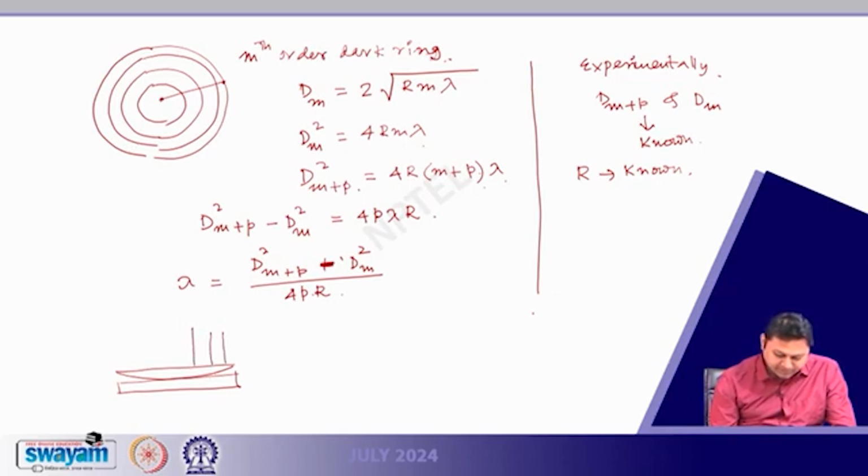The experimental setup I mentioned also in the last class: light will come from here, reflect and make a ring like structure like this, and then by using the microscope we can find out the value of the diameter of these rings, and with all this known in the right hand side along with the value of r, I can find out the value of lambda.